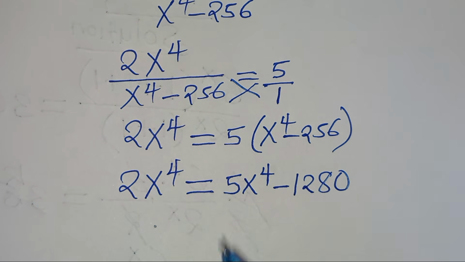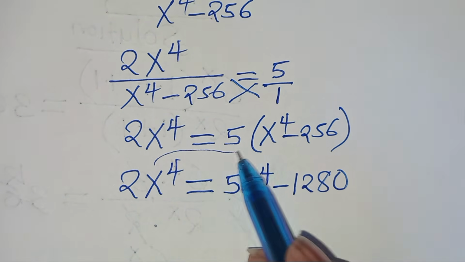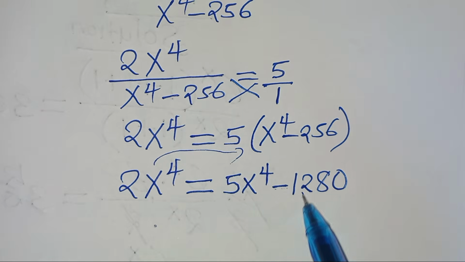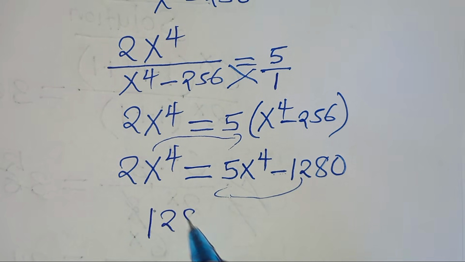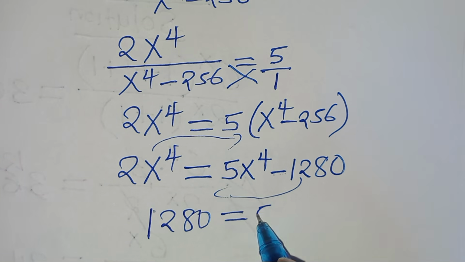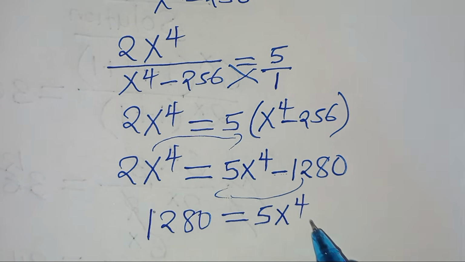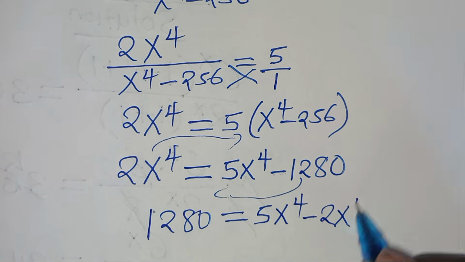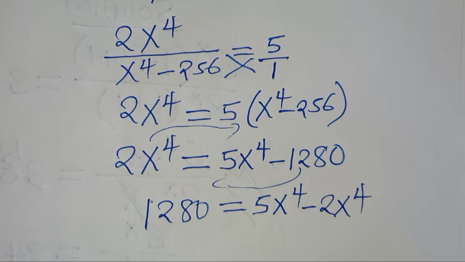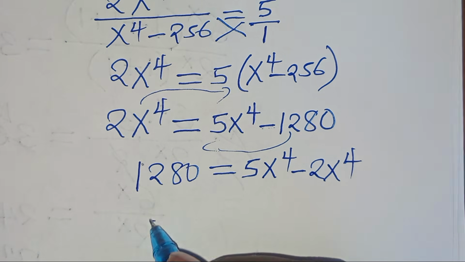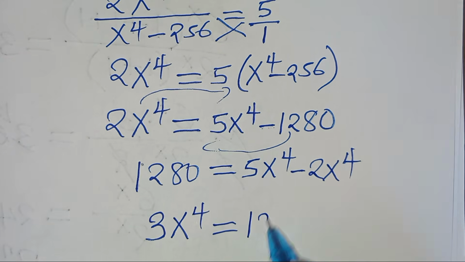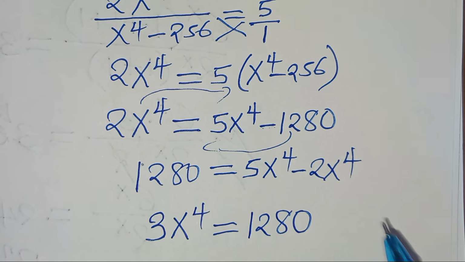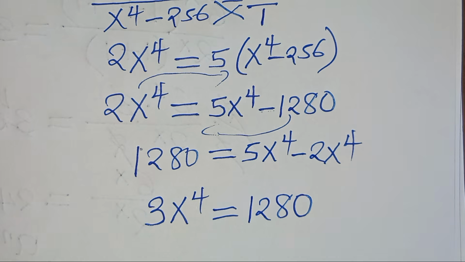Now, let's take 2x to the power of 4 on the right hand side and negative 1280 on the left hand side. So this means we have 1280 equal to 5x to the power of 4 subtract 2x to the power of 4. And this indicates that 3x to the power of 4 is equal to 1280.